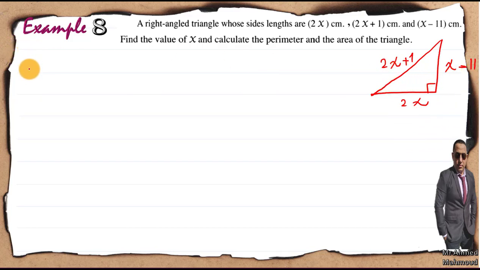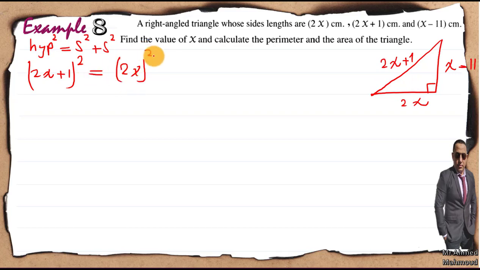Now we know that the hypotenuse power of 2 equals side power of 2 plus side power of 2. Therefore 2x plus 1 all power of 2 equals 2x all power of 2 plus x minus 11 all power of 2.